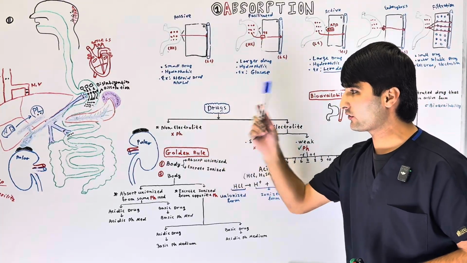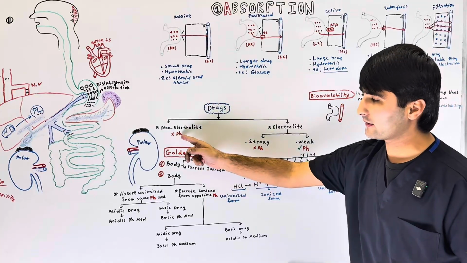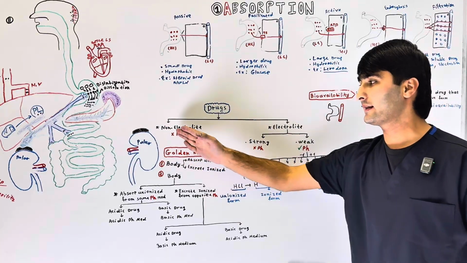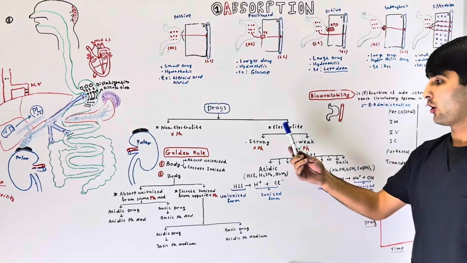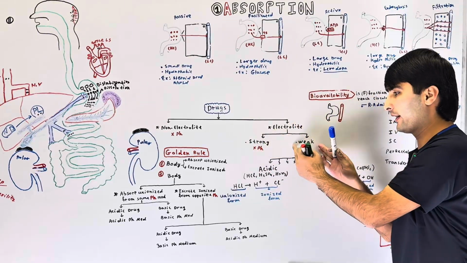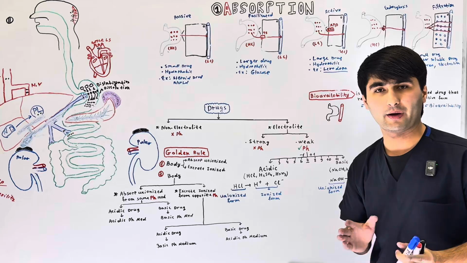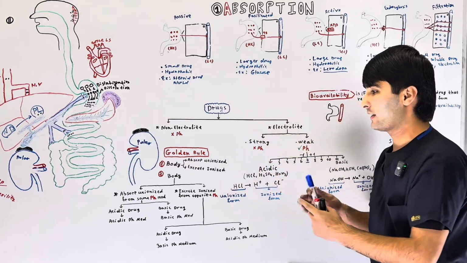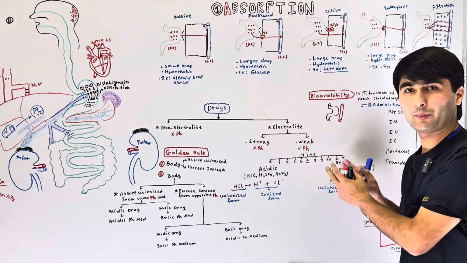Drugs which are non-electrolyte are not dependent on the pH. I wrote it here: this group of drugs is not dependent on the pH. Also, as I told you, electrolyte drugs can be strong or weak. Strong electrolyte drugs are also not dependent on the pH. Only weak electrolyte drugs are dependent on the pH.